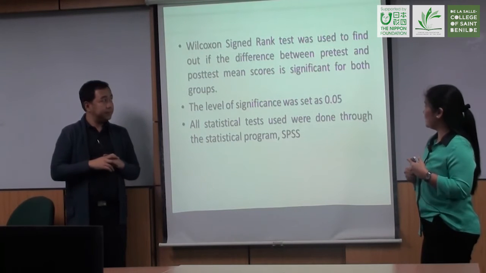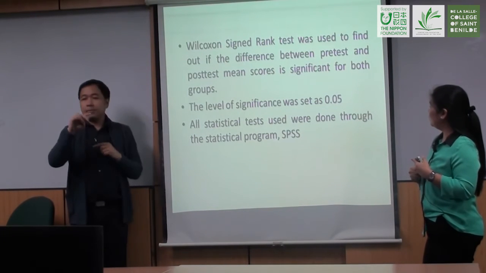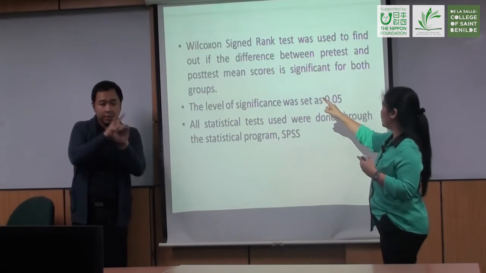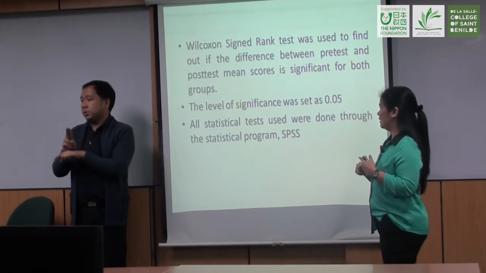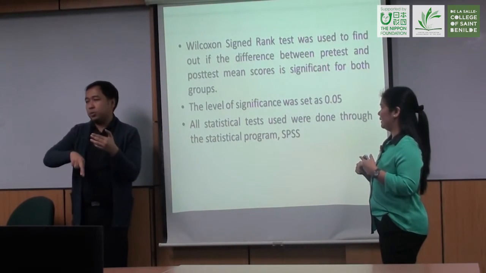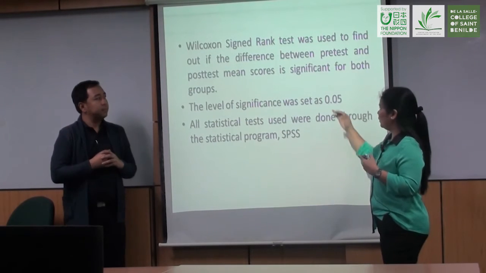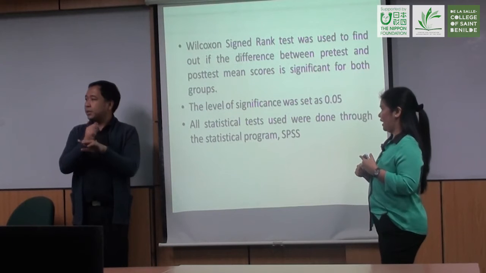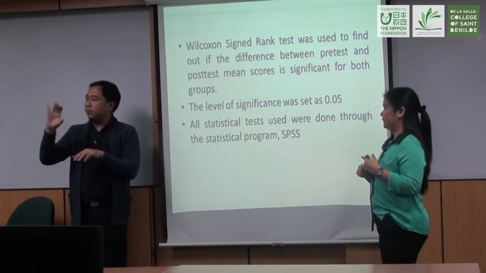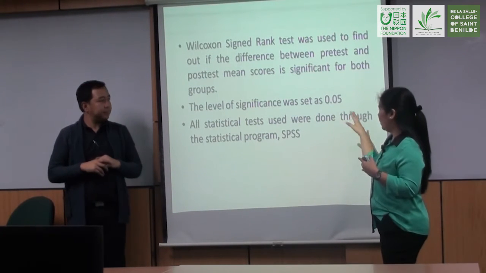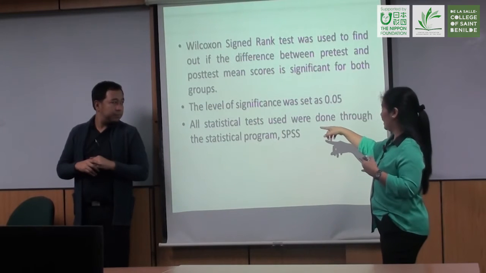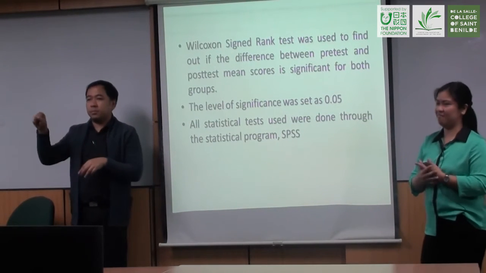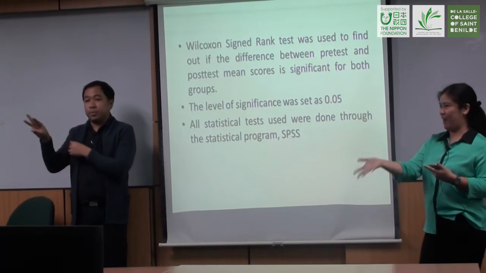And then the Wilcoxon test we use to see if there's a difference between the pretest and post-test mean scores for both groups. The significance level is 0.05. And all statistical tests were done through SPSS. It's a program, so it computes for you.